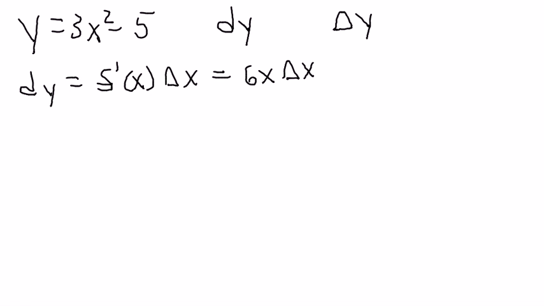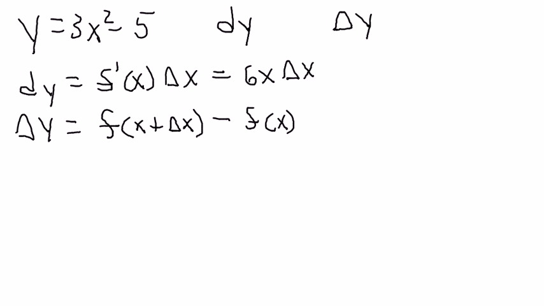Not hard to find. However, if you want to find the change in y, the delta y value exactly, you're going to have to evaluate f of x plus delta x, how much you're going up by, minus f of x, the original function. So this is the second y value, and that's your original y value.